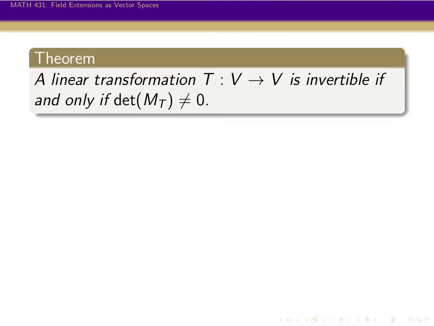And what's nice about this matrix is that if you figure out what the determinant of the matrix is, one of the things the determinant tells you is whether or not the linear transformation is invertible. In particular, if the determinant is not equal to 0, then the linear transformation is invertible, and that is an if and only if statement.